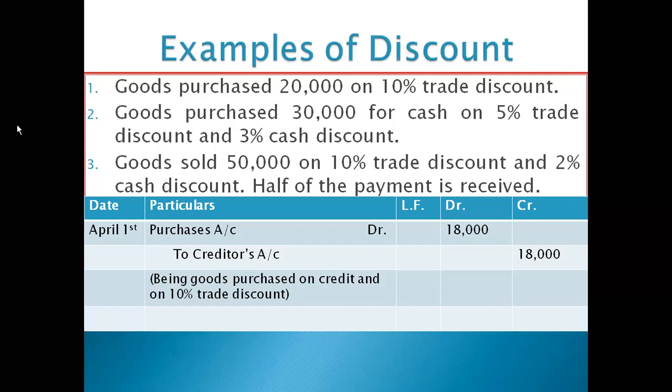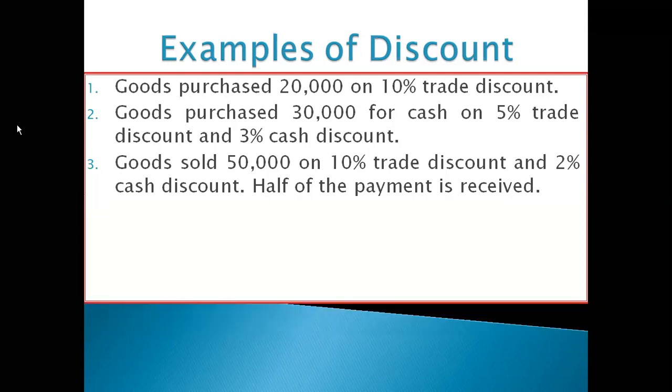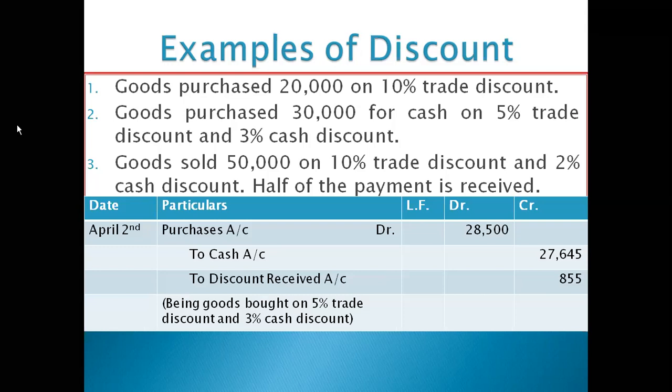So 10% of 20,000 is 2,000, which after deduction the total amount recorded in the book will be 18,000. So the narration would be being goods purchased on credit and on 10% trade discount.